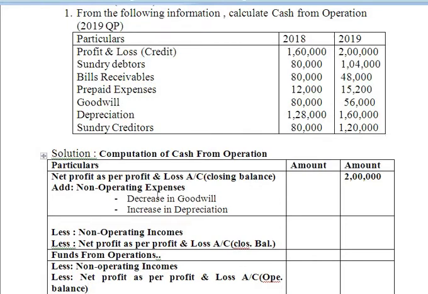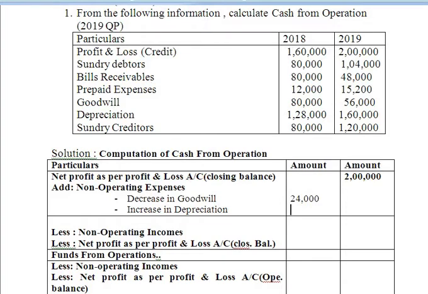So that can be considered as non-operating expenses because this entry we record on the debit side of profit and loss account. So whatever amount we decrease as written off of goodwill, that is nothing but non-operating expenses. 80,000 minus 56,000 is 24,000. Decrease in the goodwill is 24,000.